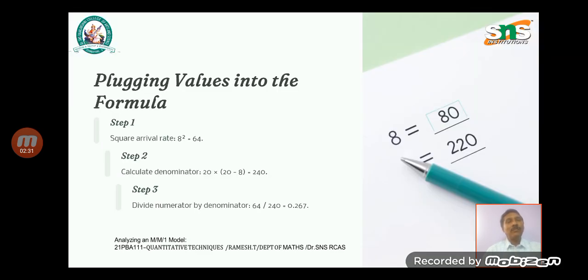Plugging values into the formula. Step 1, we take 8 square is 64. Step 2, calculate the denominator, that is mu into mu minus lambda, that is 20 into 20 minus 8, that is 20 into 12, that is 240. Step 3, divide numerator by denominator, that is 64 divided by 240 is equal to 0.267.